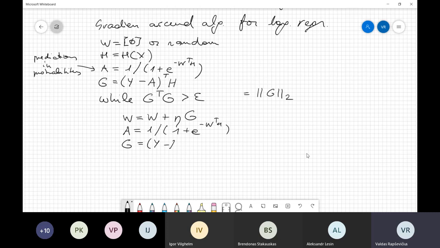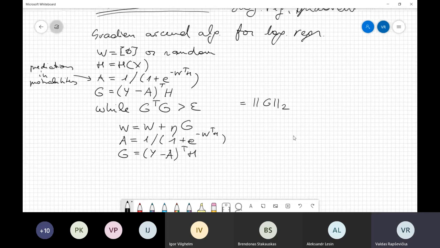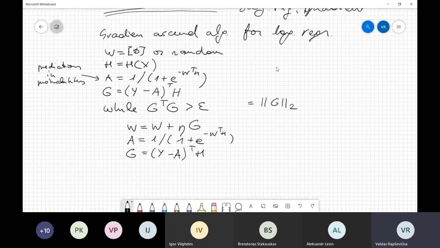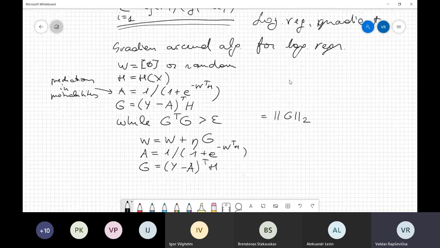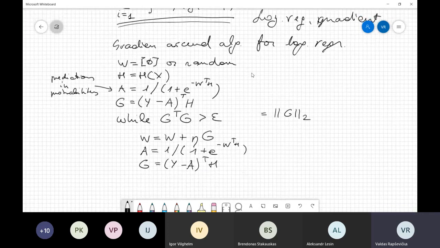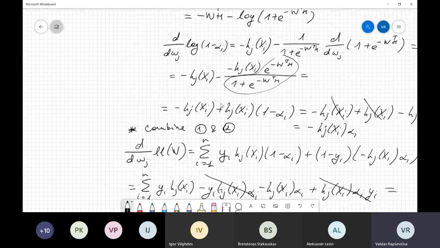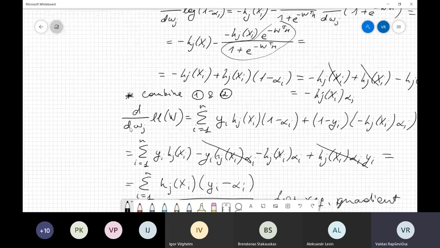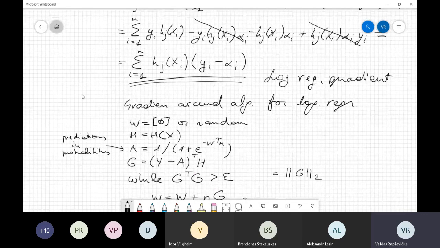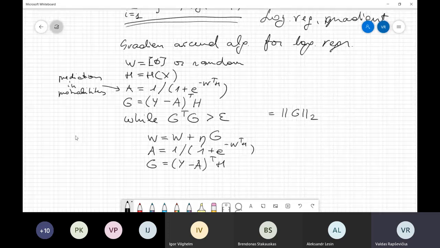What gradient do we have now? Transpose h. And this is a gradient ascent algorithm, which basically tries to maximize the logarithm of probabilities, right? The sum of the log probabilities of all the examples. Okay, so let me keep up.